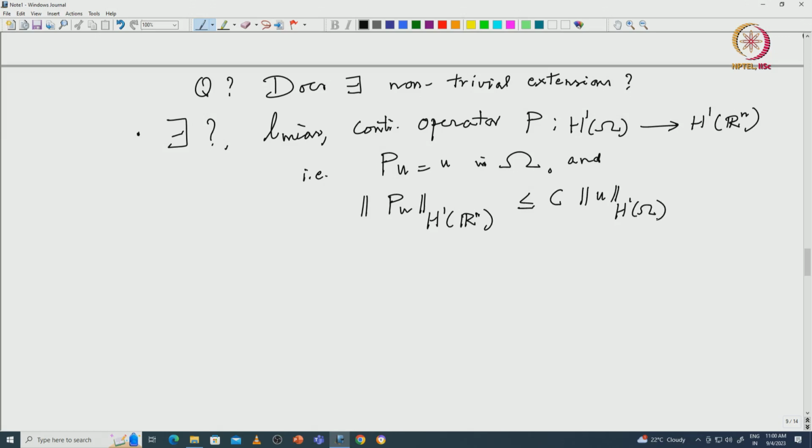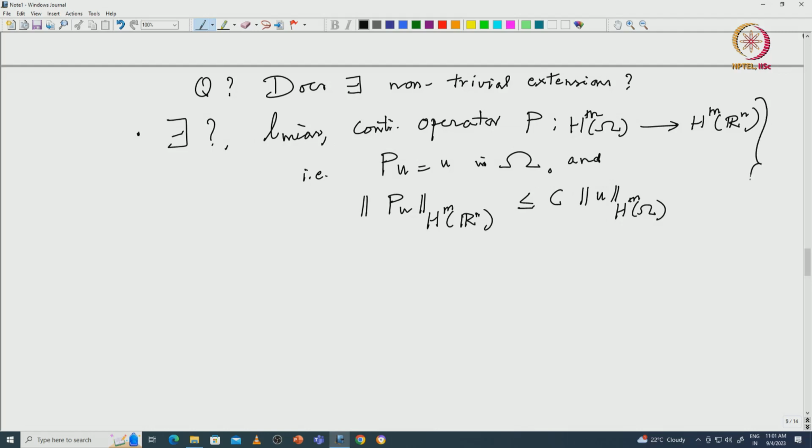So, you can control the extended function, but you will see much more than that. You can apply it to any H^m if you want. This is very, very important.